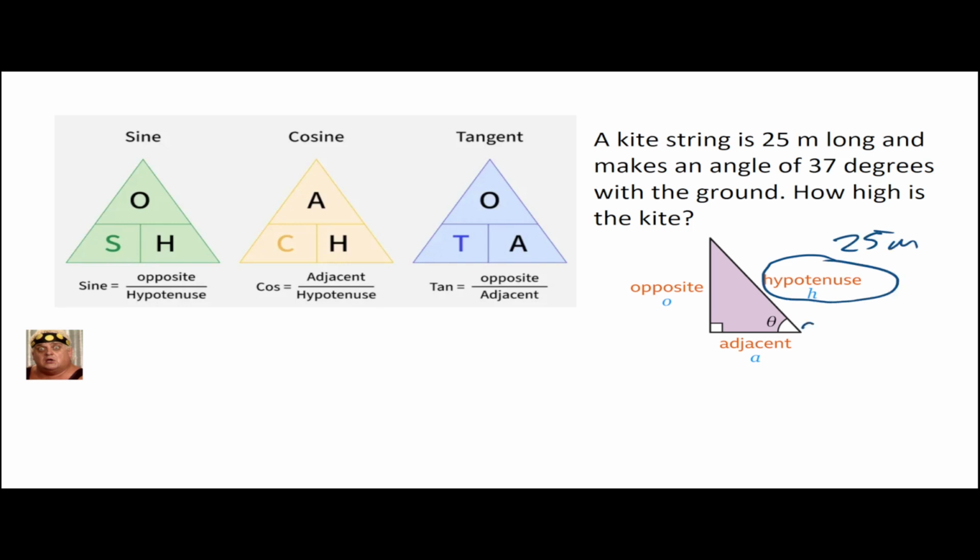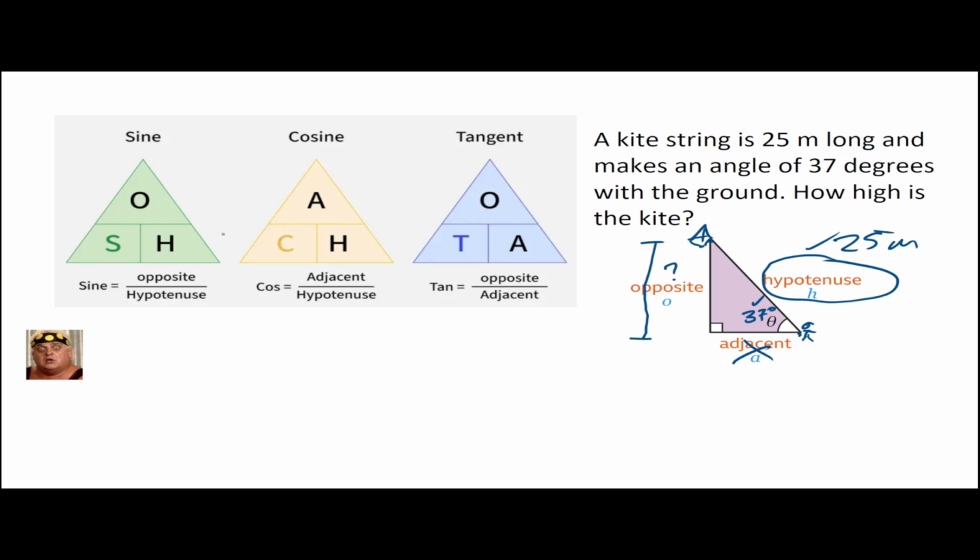So if the person is standing here holding the string and the kite is up here, and we know that this is 37 degrees, how high is it? So we're looking for the opposite side. We don't care about the adjacent side. We've got the hypotenuse and we've got theta.